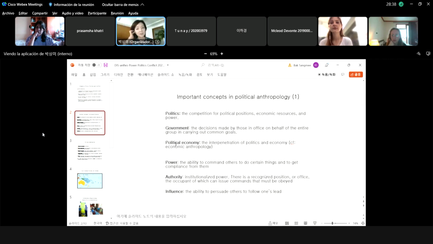Government is different. It may look similar, but government is the decisions made by those in office, like the president or the mayor or the assemblyman, on behalf of the entire group in carrying out common goals.